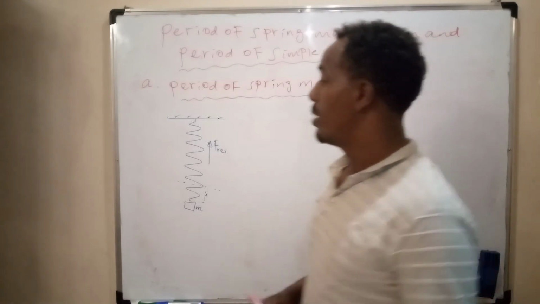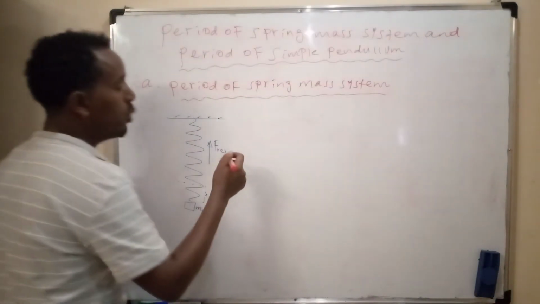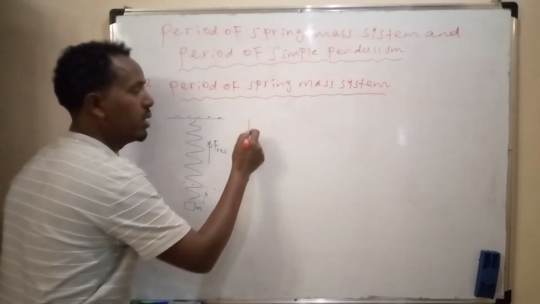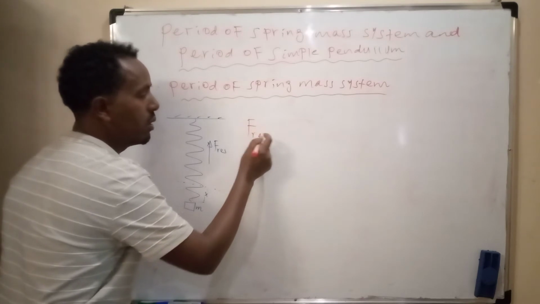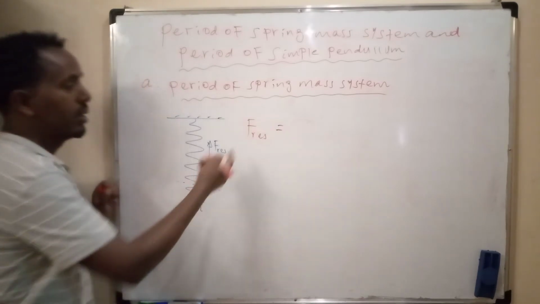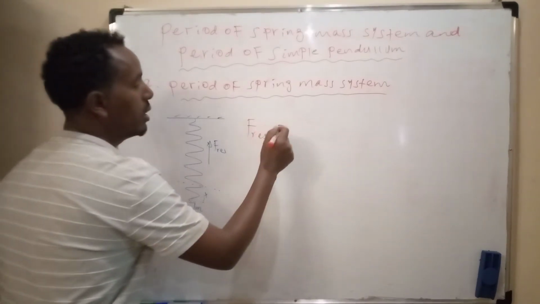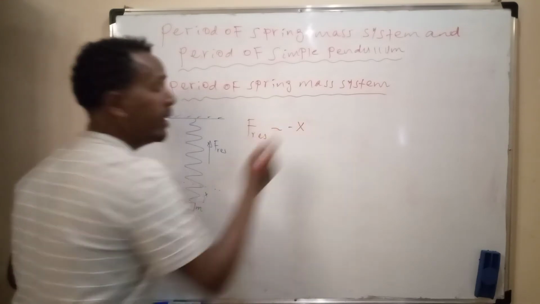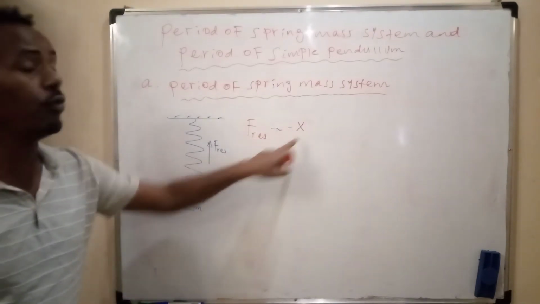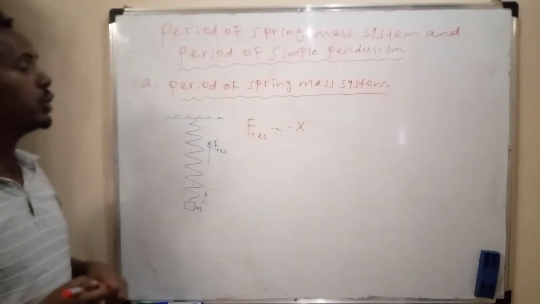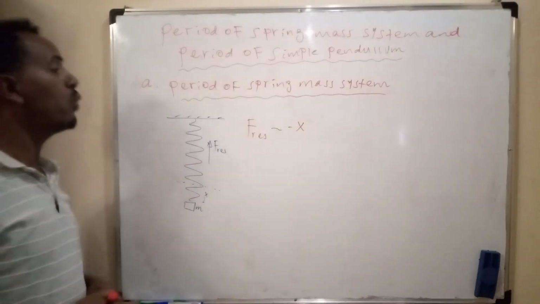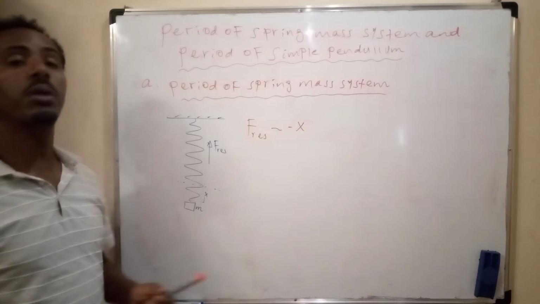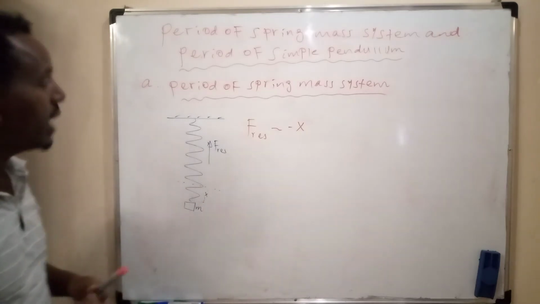So, from Hooke's law, the restoring force, F restoring, is directly proportional to the negative of extension. This negative sign shows that the direction of the restoring force and the displacement are in the opposite direction.